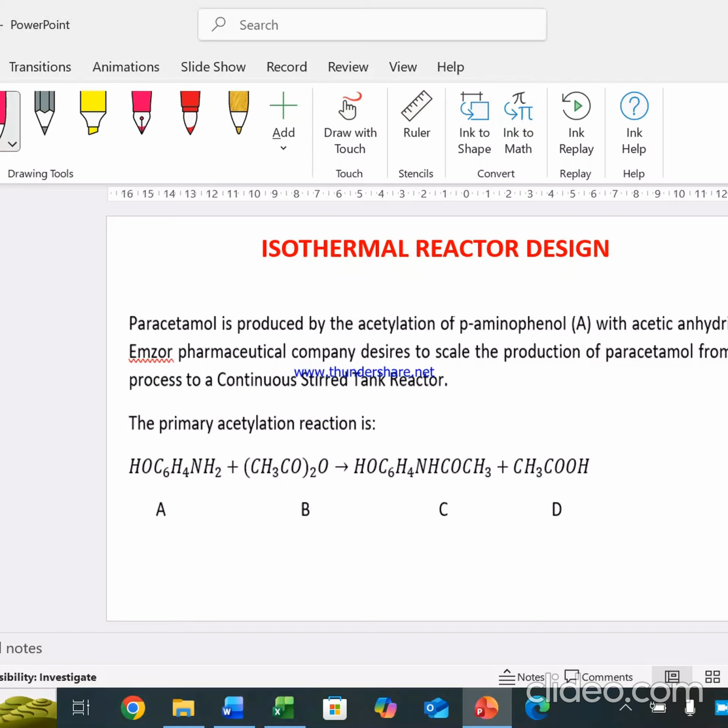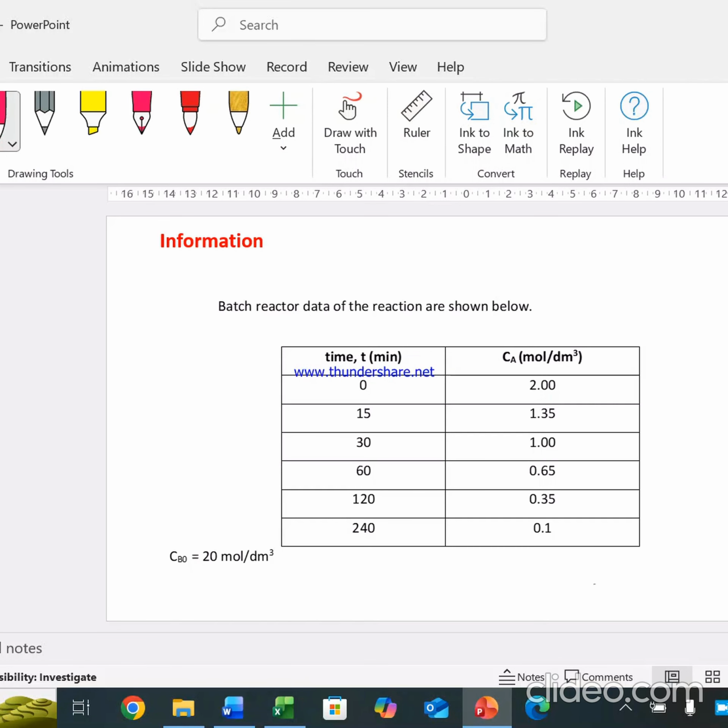So this will require that we have some batch data, or the reaction data from batch reaction. So in order to design the CSTR, we need this batch data. The time and how the reaction is consuming the key reactant, which is p-aminophenol here.